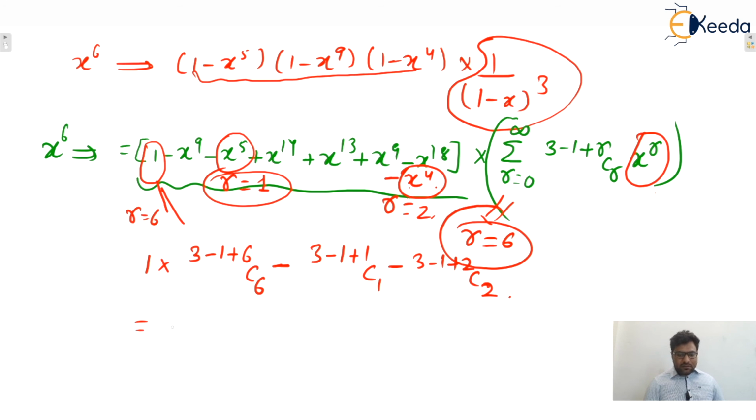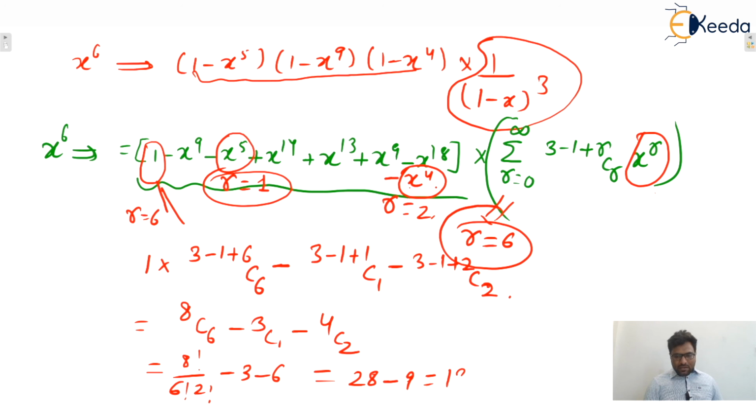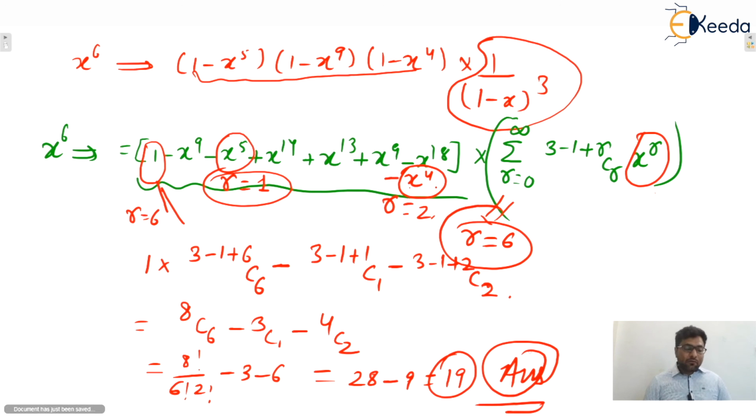Okay, so after solution it's going to be 8C6 minus 3C1 minus 4C2, isn't it? So the answer is 8 factorial divided by 6 factorial into 2 factorial, minus 3 minus 6. So that is 28 minus 9. So we can say that 19 is your correct, required answer.